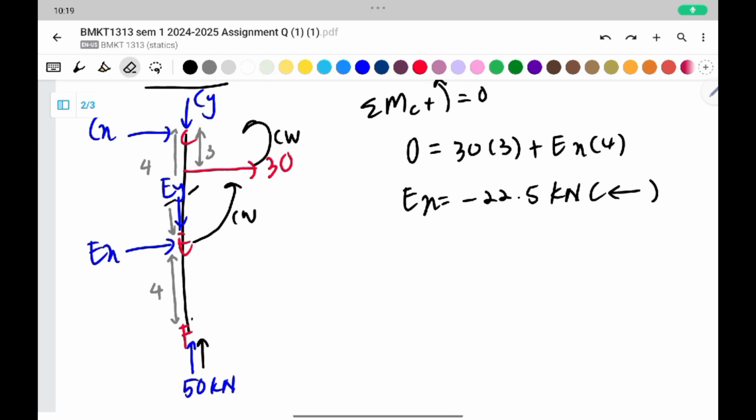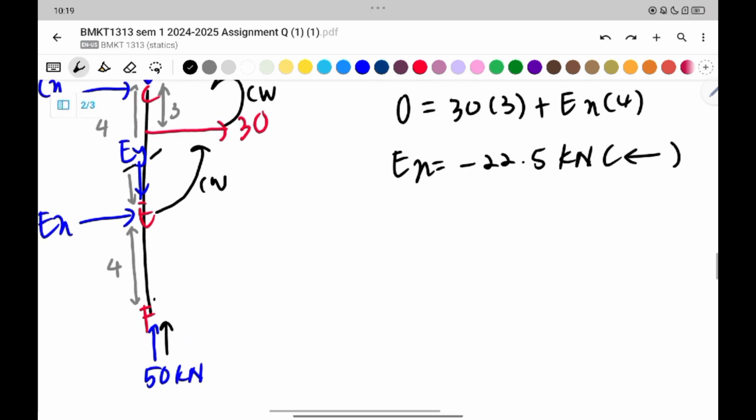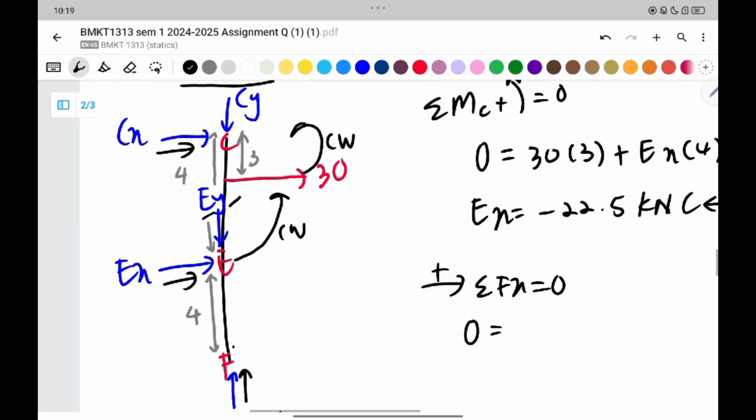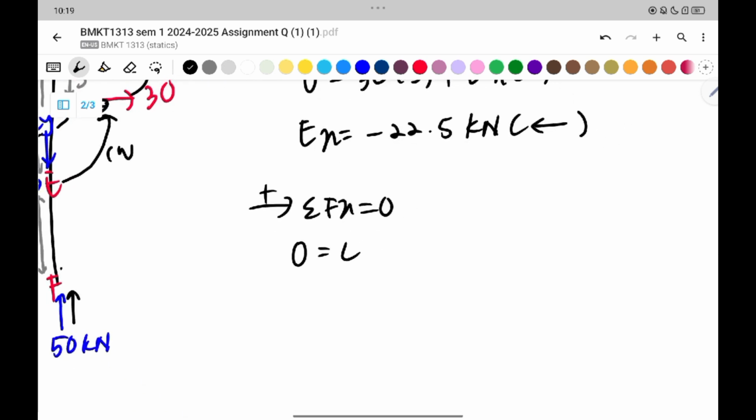So next we need to find the value of the x-axis. So acting to the right is positive. Value of Fx equal to 0, 0 equal to EX is acting to the right and CX is acting to the right. Well, the 30 also acts to the right, so EX plus CX plus 30.